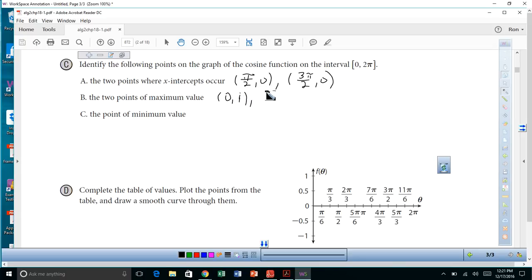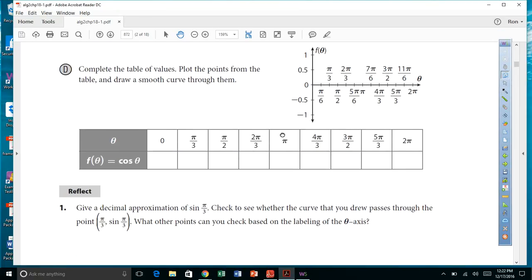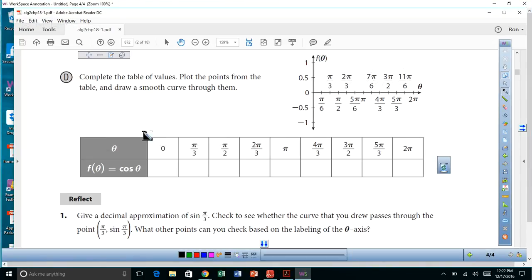and 2 pi and 1. Okay, the point of minimum value is going to be pi and -1. All right, good. Complete the table of values and plot the points from the table and draw a smooth curve through them.